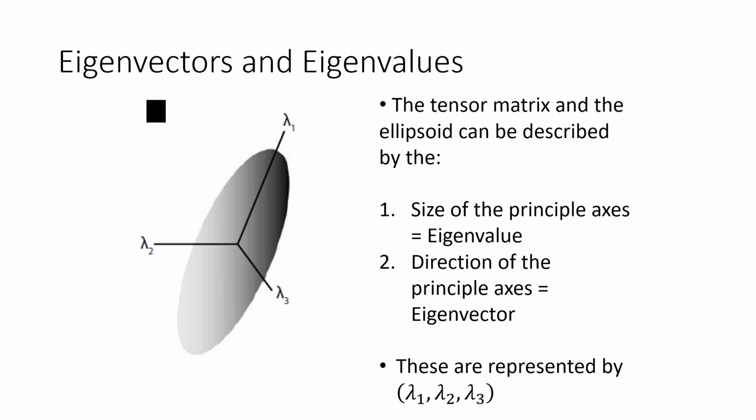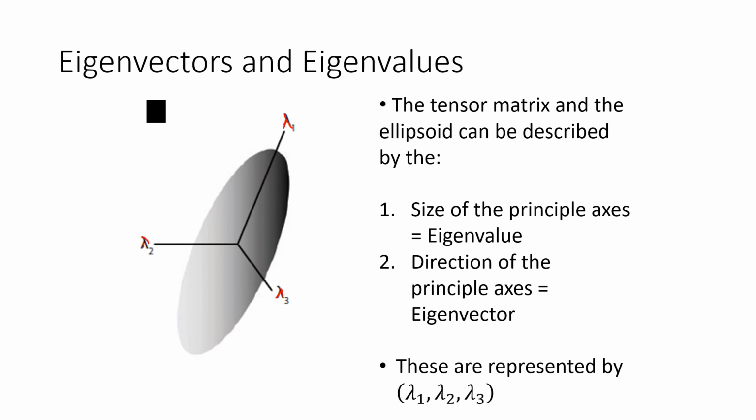And so what you can do is start to describe this matrix by the size of the principal axes. Those are your eigenvalues. So here's our lambda 1, 2, and 3. And then the direction of the principal axes would be an eigenvector. And so we have eigenvalues and eigenvectors.